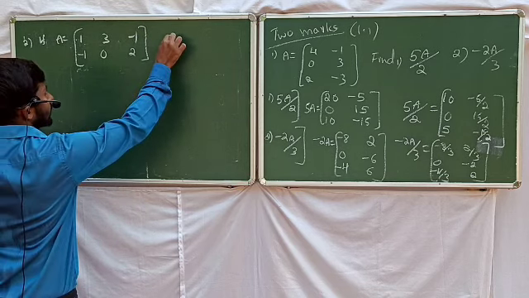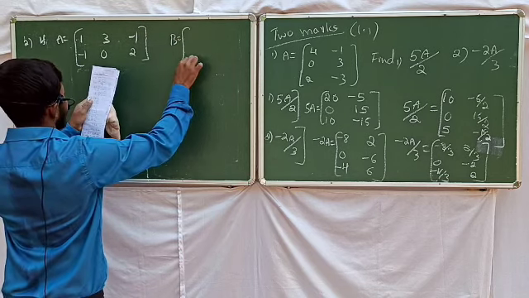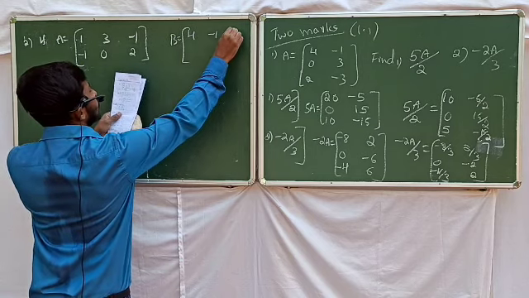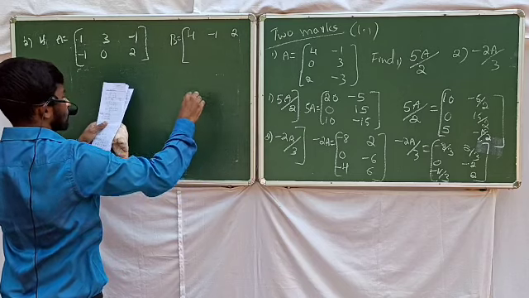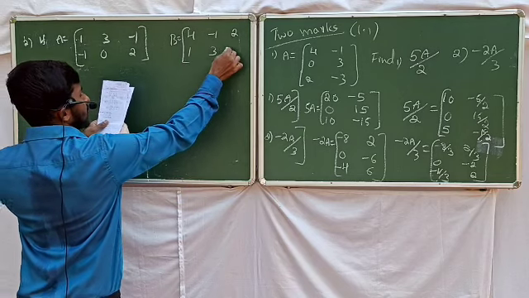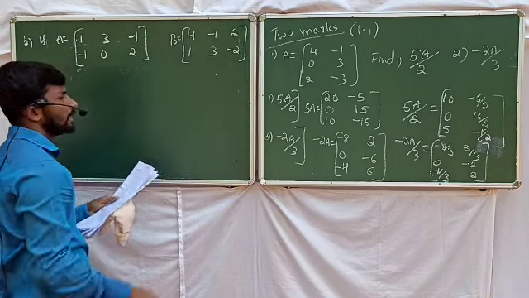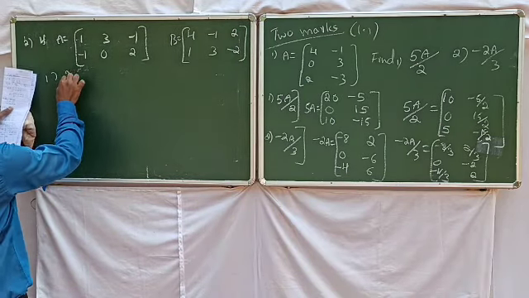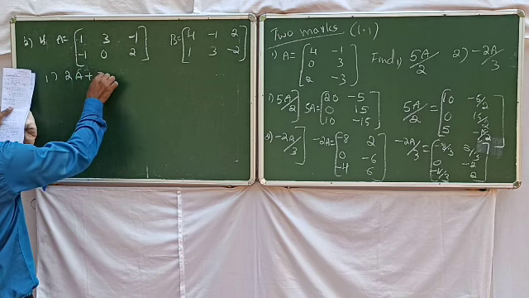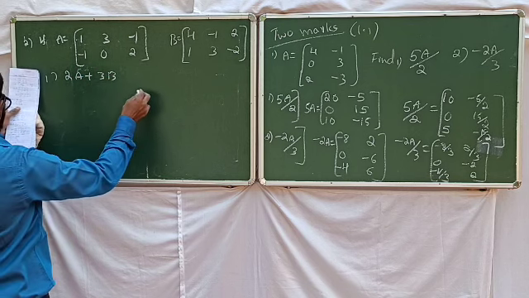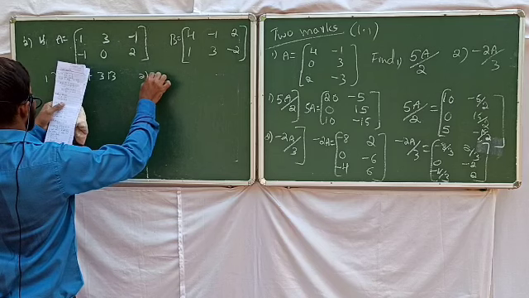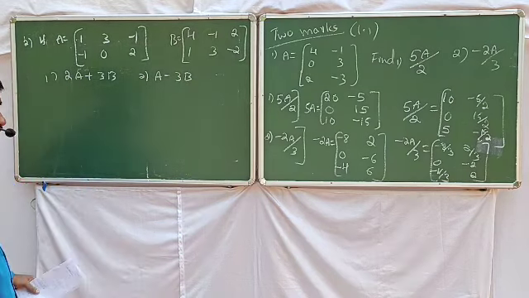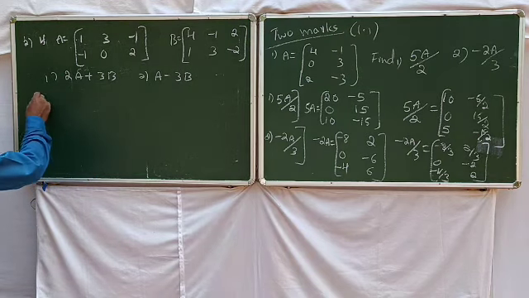And matrix B is equal to 4, minus 1, 2, 1, 3, minus 2. Question is, first question, 2A plus 3B. Second question, A minus 3B.